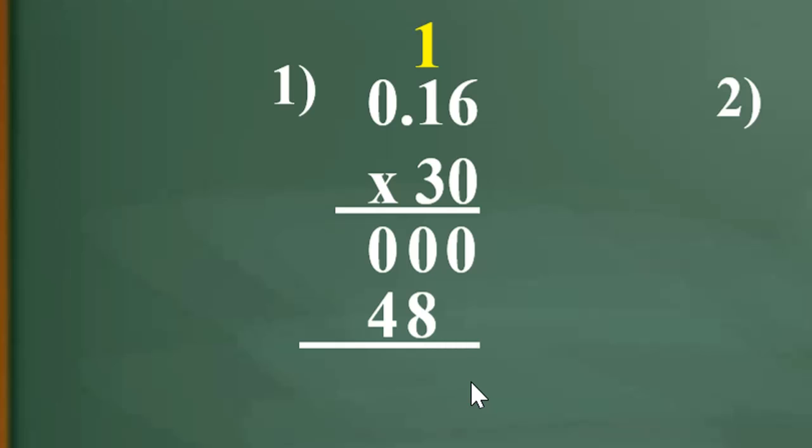Then add 0, 8, and then 4. Then count how many decimal places do we have in our given. There are 2 decimal places, so let us move 2 decimal places to the left. So our answer will be 4 and 8/10 or 4 and 80 hundredths.